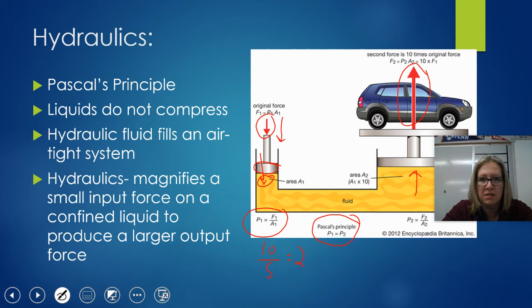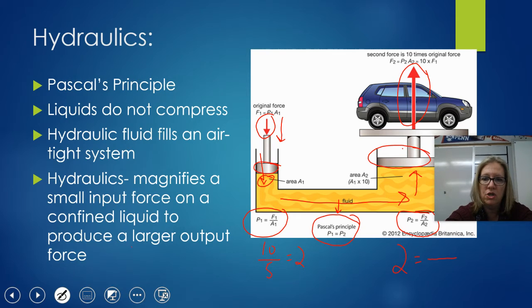Again, I'm just making up these numbers, okay? Because of Pascal's principle, I know that the pressure is going to be the same all throughout this system, okay? So now I've got this second equation here. My pressure is 2. Now I've got this much larger piston.